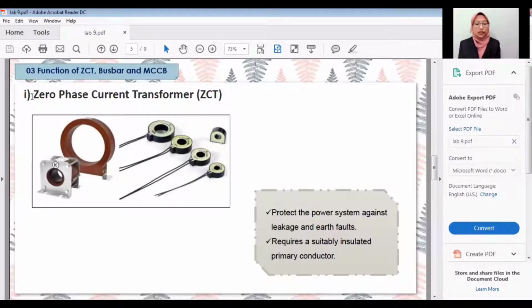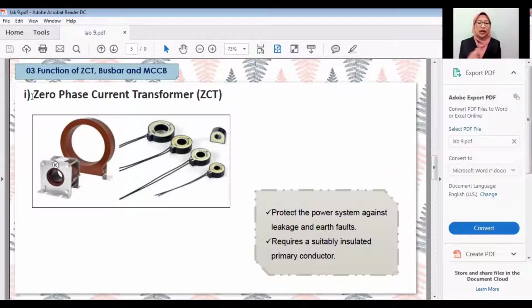The zero current transformers protect the power system against leakage and earth faults. Each of these current transformers has an insulation level of 0.72 kilovolt and requires a suitable insulated primary conductor.